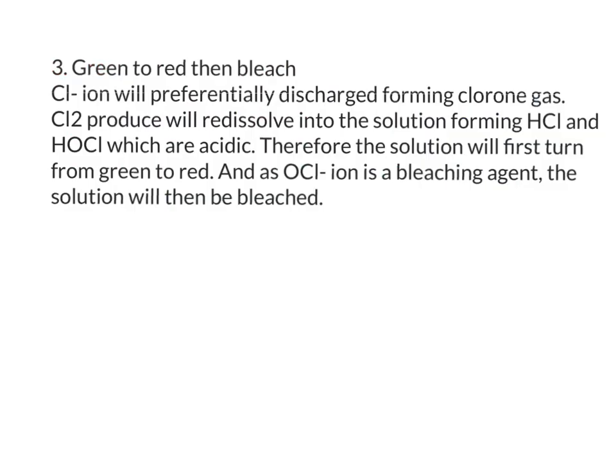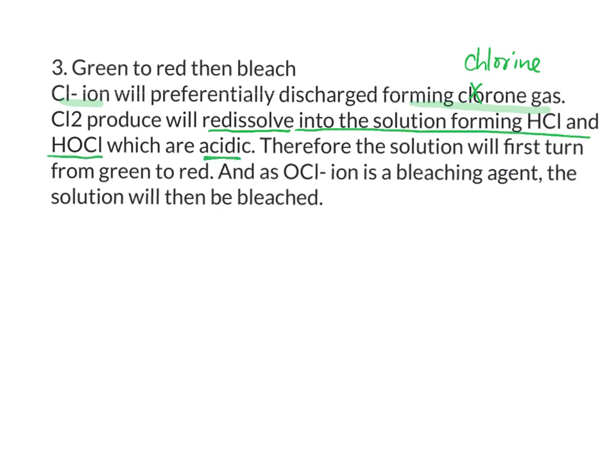When you write this one, you would like to say the chloride ion will discharge, forming chlorine gas. Sorry, wrong spelling there: chlorine gas. Then the chlorine gas produced will redissolve into the solution, forming HCl and HOCl.